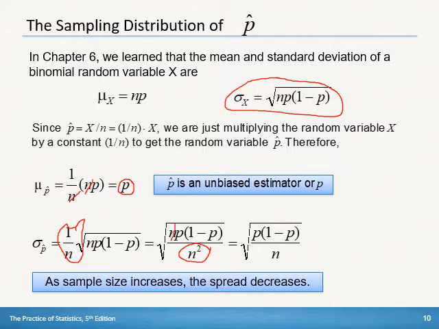And then one of these n's will cancel with one of these n's and leave us with just n downstairs. And so that's how we get the standard deviation for the sampling distribution of p hat.